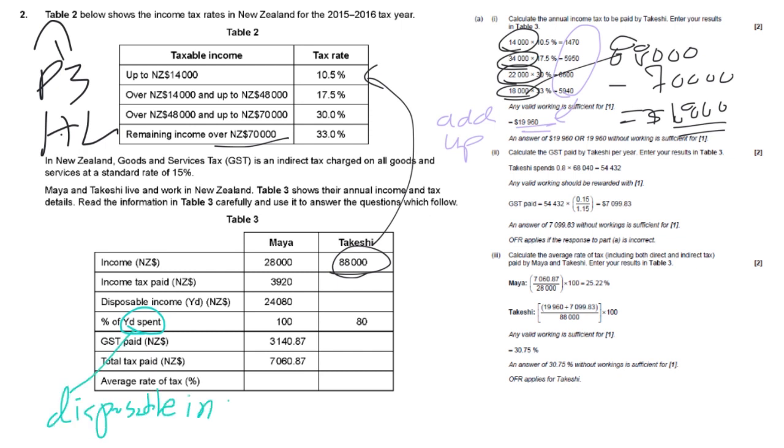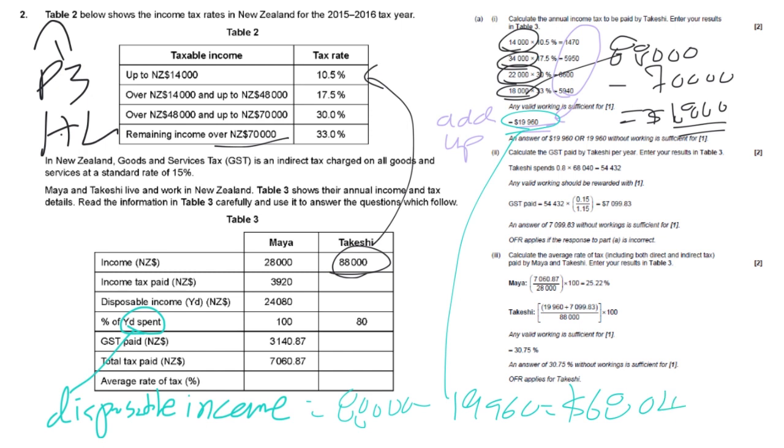So we do not make use of 80,000 to do the calculation. We have to make use of this one minus the taxation here. So we'll have the disposable income, which is 68040. Otherwise, you may have the wrong answer.